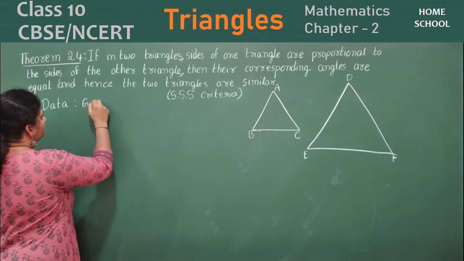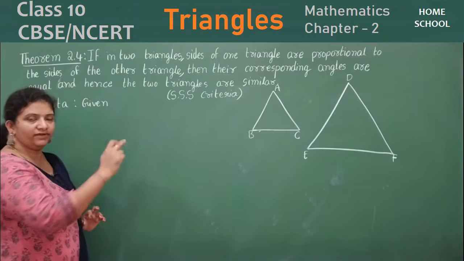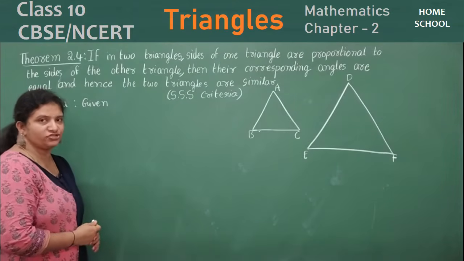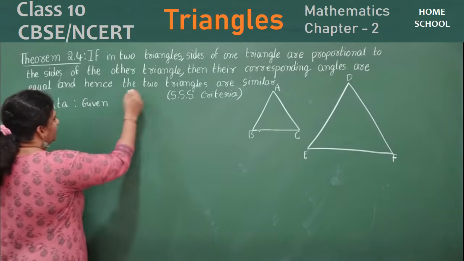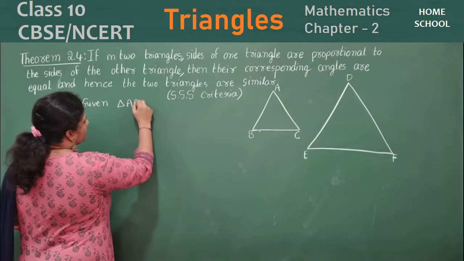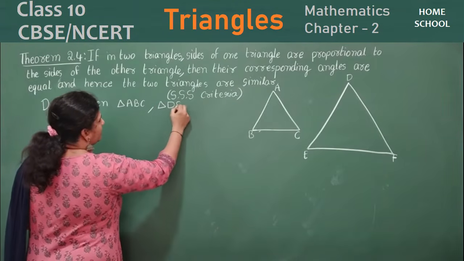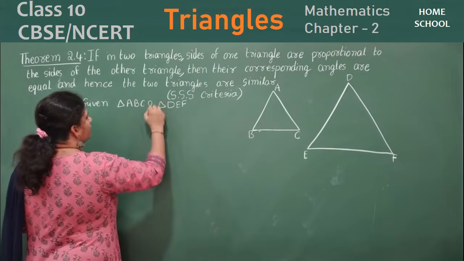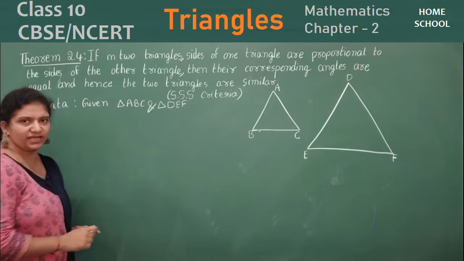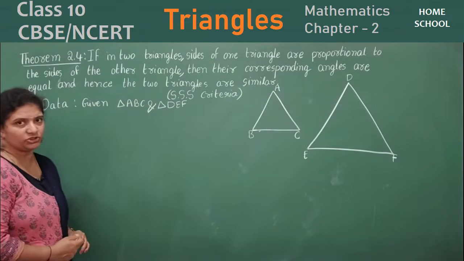Given: in triangle ABC and triangle DEF, the ratios are in proportion.